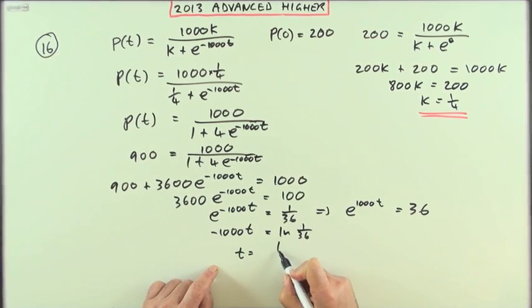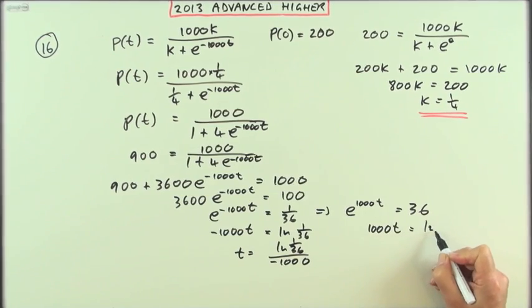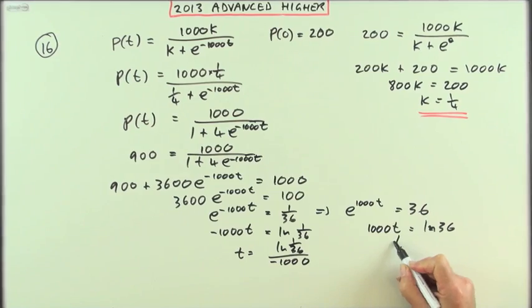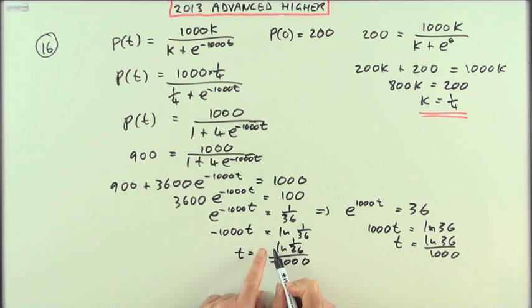So t would be ln 1 upon 36 over negative 1000, which is of course the same as that, because that's going to give you 1000t is ln 36, so t is ln 36 over 1000. They're both the same expression. That's a better one though, because the negative there could be brought up here to apply it to the log, and then brought within the log as a power negative 1, which would then reciprocalify that 36.